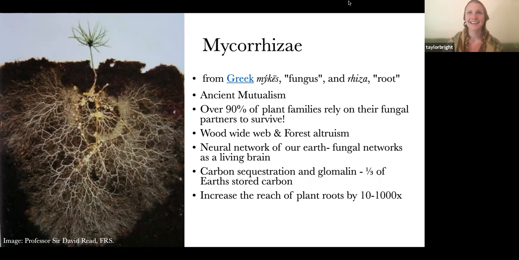It's now called the wood wide web, a term for this relationship that was coined by an incredible woman named Suzanne Simard. She's a professor of forestry at the University of British Columbia.